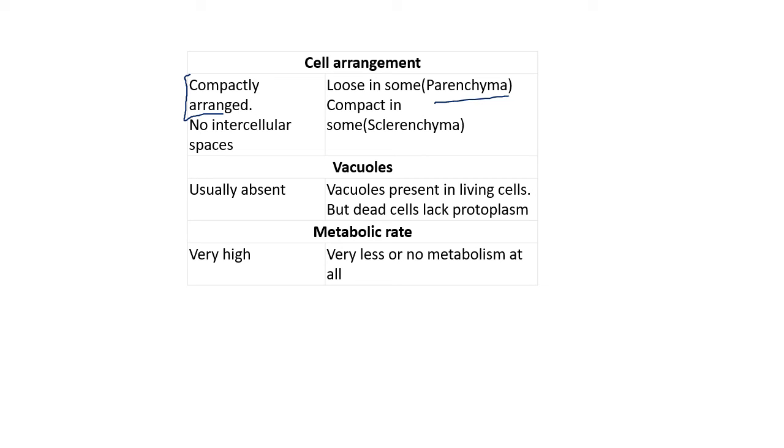Now if you look at the vacuoles, they are usually absent in case of meristematic cells, because they are dividing, and the nucleus is prominent, which takes a majority of the space in the cytoplasm. While in case of the permanent tissue, the vacuole is present, and sometimes it pushes the nucleus towards the periphery. They may be usually absent, but they may be present in some cases in meristematic cells too.